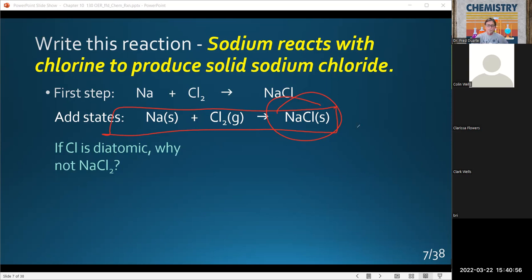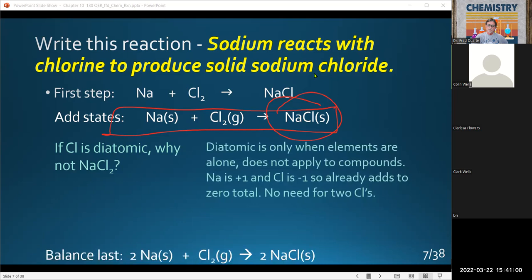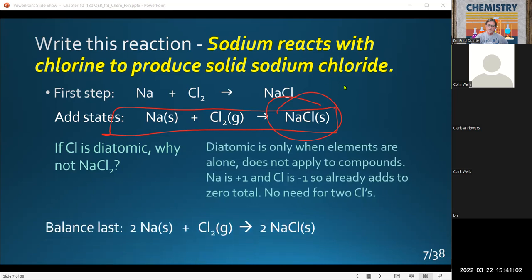Actually, there's a total of 2 of them, but an electron transfer occurs. 2 electrons come from 2 atoms of sodium, and 1 molecule of chlorine gas produces 2 sodium chlorides. So there's a total of 2 electrons, and that exchange of electrons produces products that are drastically different as far as physical properties.